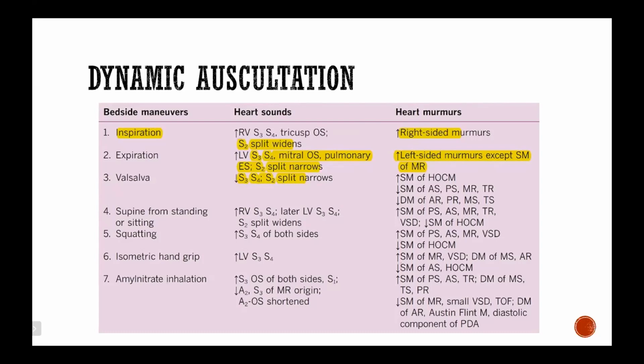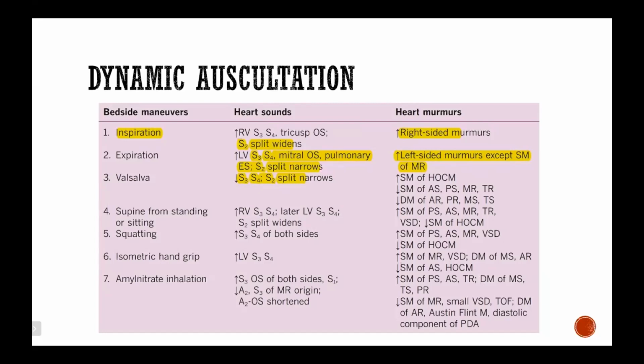Then coming to the pharmacological agents that we use to check the changes in the intensity of murmurs and heart sounds. Routinely what we use is amyl nitrate inhalation. We take a few gauze pieces, dip it in amyl nitrate, and ask the patient to inhale for around 10 to 15 seconds, around 3 to 4 breaths. We know all nitrates are vasodilators.